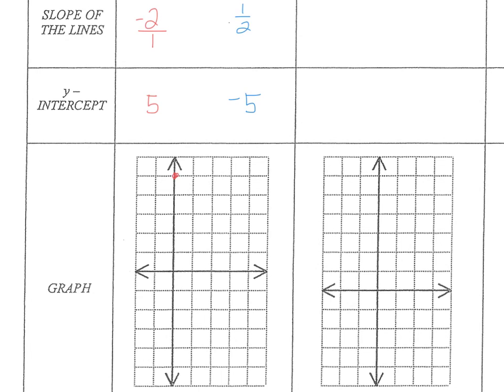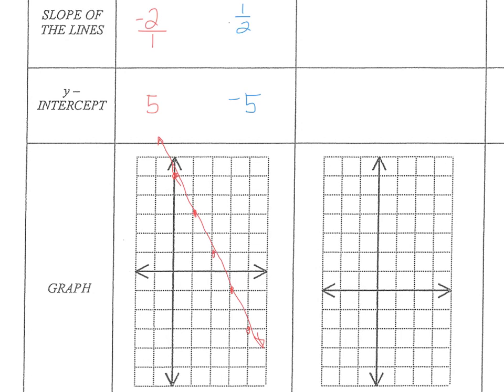We do 1 for the run and 2 down for the rise, and we can keep going and draw our line in. I don't have a ruler, but you guys should be using your rulers to get them as straight as you can.